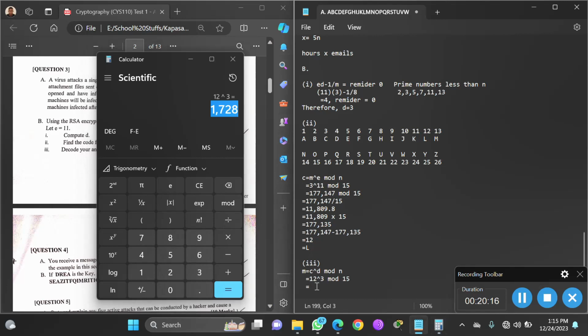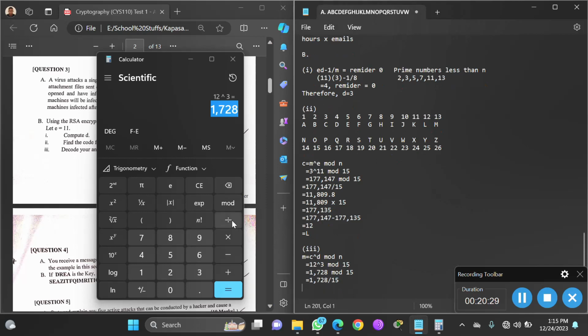So after getting this, we say mod 15. As I explained earlier, this is more like divide by 15. So we will divide this by 15, then get a new answer, which is this.